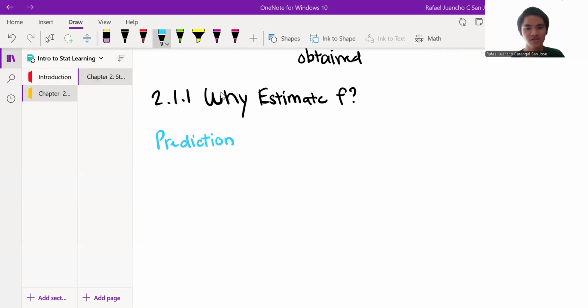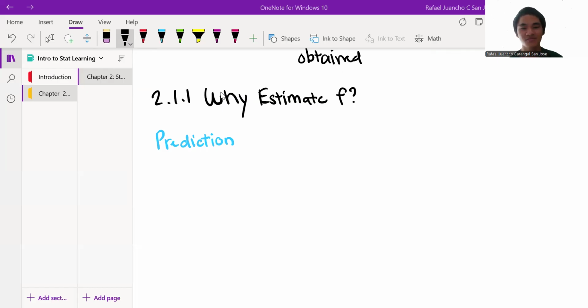Now, what do we mean by prediction? In many situations, a set of inputs X, so those predictors, are readily available, but the output Y cannot be easily obtained. Just like in our previous example, we can't really directly increase sales because that's not the underlying factor that's affecting that.